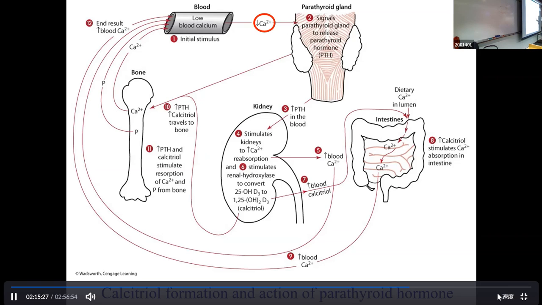So you have a number of ways to increase blood calcium: increase absorption, decrease renal loss, increase demineralization. All three responses will try to correct the original problem, a decrease in calcium. This is the big picture that connects calcium, PTH, and vitamin D.